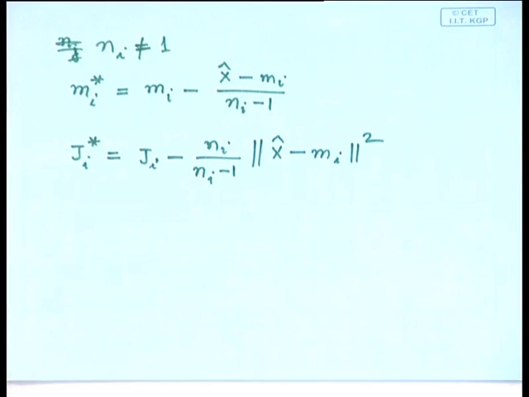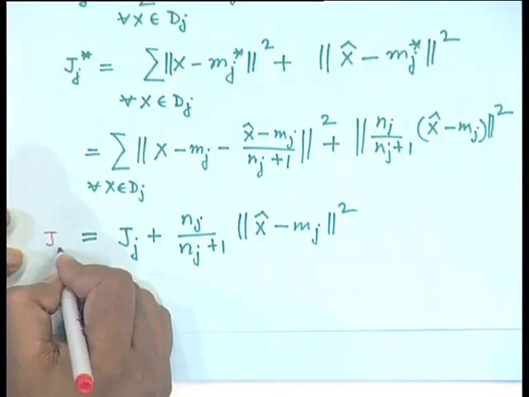Okay. So, by a similar calculation to what we have done earlier, I can find out the change in the mean of the ith cluster and the change in the sum of squared error in the ith cluster. Okay. So, now if you compare these two, you find that for the jth cluster, this is my x j star.